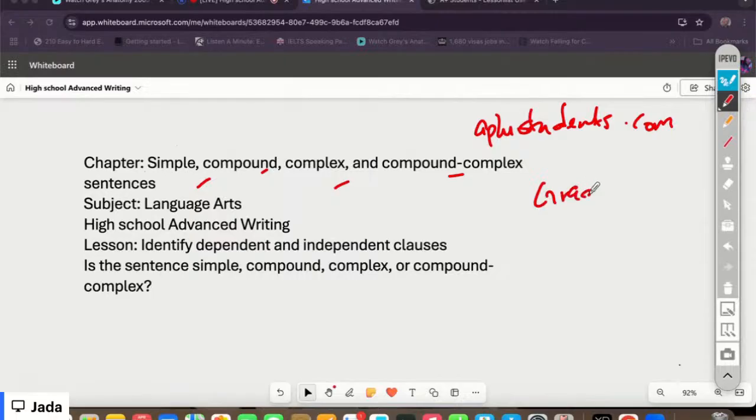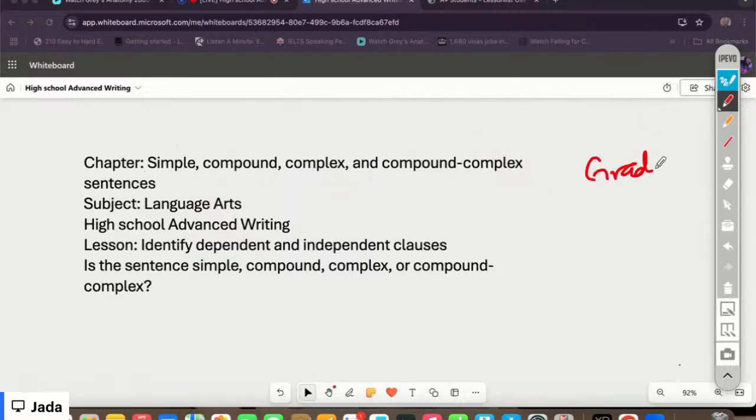So we will get the high school advanced lesson classes from grade 9 rather. So we go to grade 9 and we can find this chapter. The lesson is: Identify dependent and independent clauses. Is a sentence simple, compound, complex, or compound-complex?